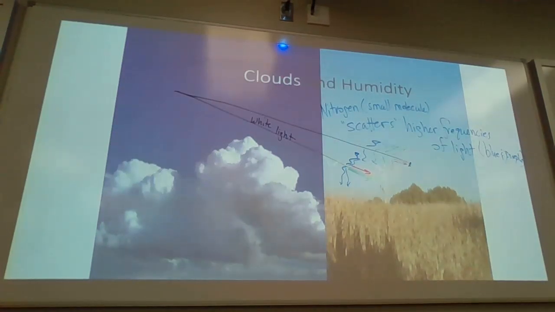This is because the water molecules in our atmosphere, due to humidity, scatter different frequencies, and it makes it look more white than crisp blue. We see this after the rain, when the humidity is out of the sky, and so we'll see a brighter blue after rainstorms.